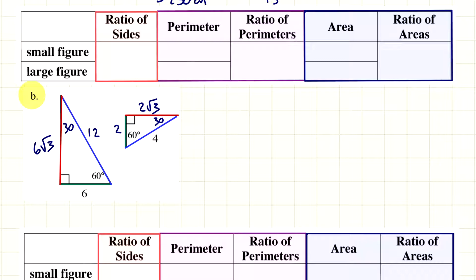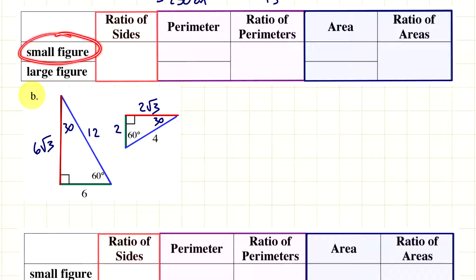Ratio of sides, we could use any pair we want. I would probably choose the smaller numbers. In this case, I would probably choose 2 and 6. 2 and 6 are corresponding sides. They're both short legs.